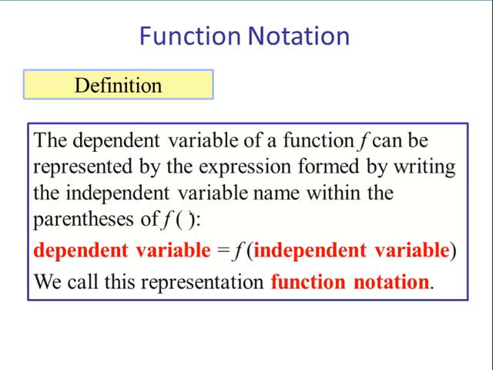Definition: the dependent variable of a function f can be represented by the expression formed by writing the independent variable name within the parentheses of f. Dependent variable equals f parentheses independent variable. So whatever goes inside the parentheses, that is going to be your independent variable, or your input. We call this expression function notation.